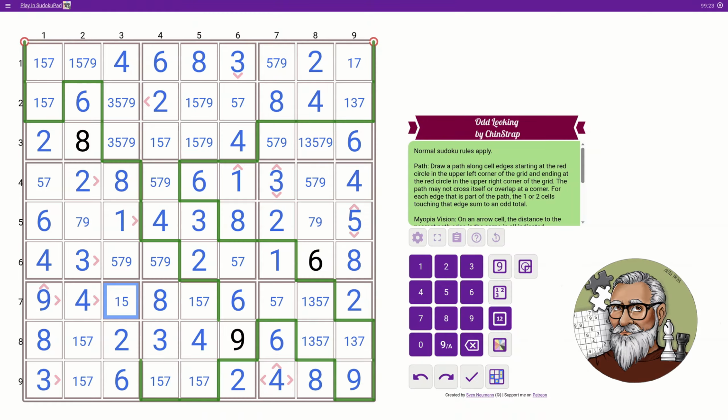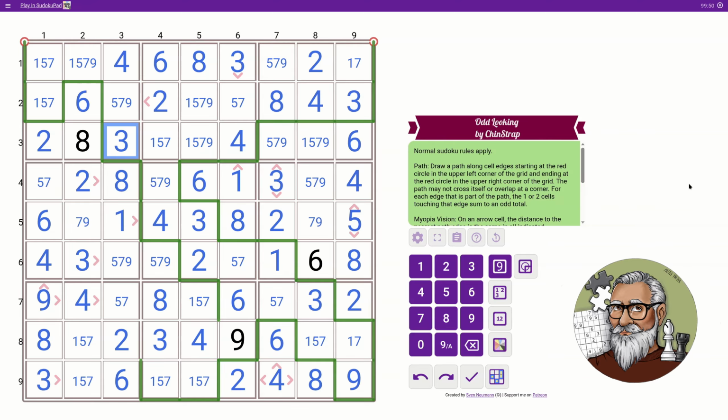That's from 157. There's no 1 though. That's 157. This is the last 3. Right. That's not 3, so this one is. That's not 3, so this one is. Interesting.